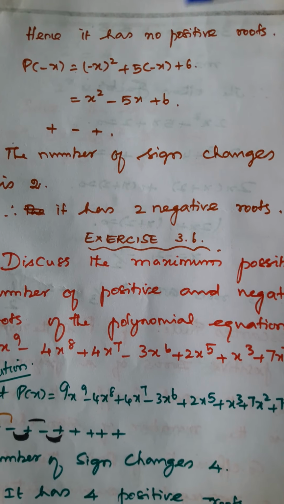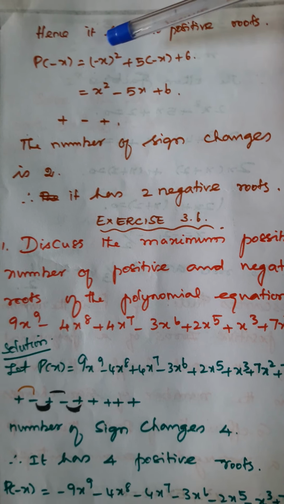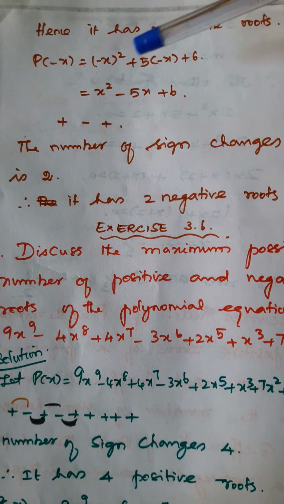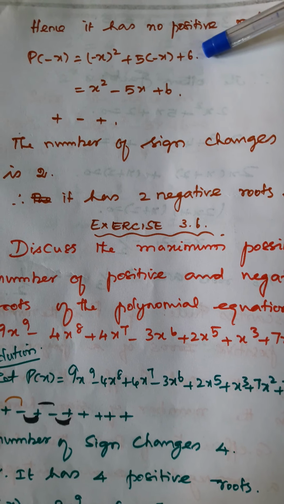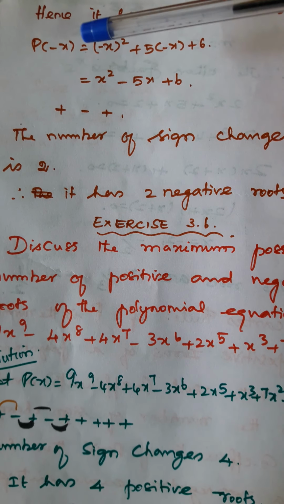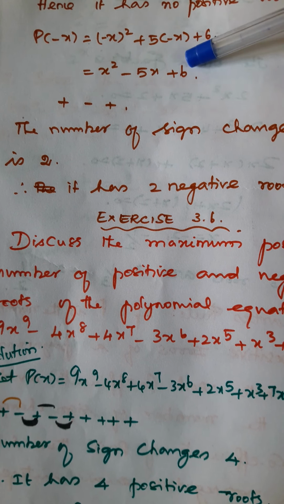Next, I am finding that it has no positive roots. P of minus x I am finding. What is your p of minus x? It's minus x square plus 5 into minus x plus 6, so p of minus x is x square minus 5x plus 6.